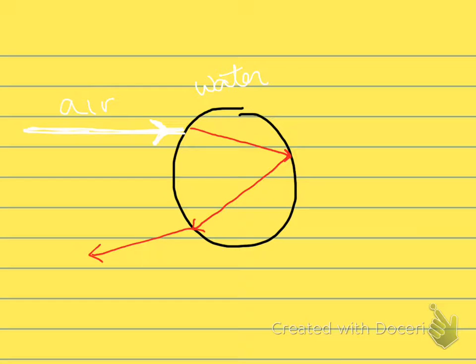So there's my red. If I go to the end of the spectrum and go to my violet, it's causing it to bend at a different angle because they travel at different wavelengths.